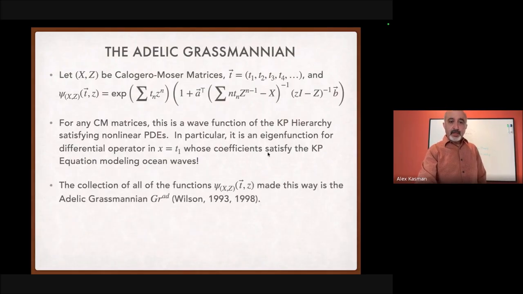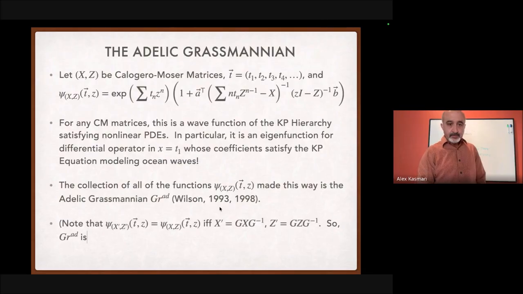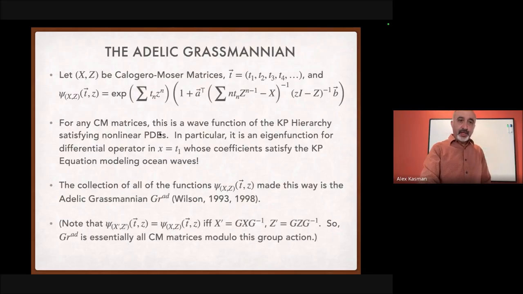So what's the adelic Grassmannian? One way to think about it is that the collection of all these functions, after running over all possible Calogero-Moser matrices, is the adelic Grassmannian. That definition comes from George Wilson in 1993. If you're thinking about it as a correspondence between these Calogero-Moser matrices and these functions, it's worth noting that it's not a one-to-one correspondence.